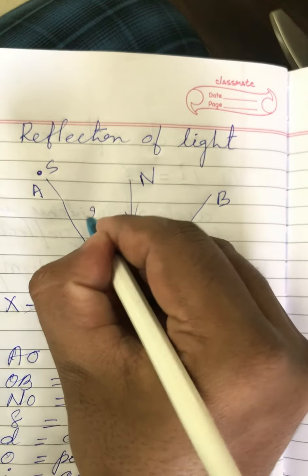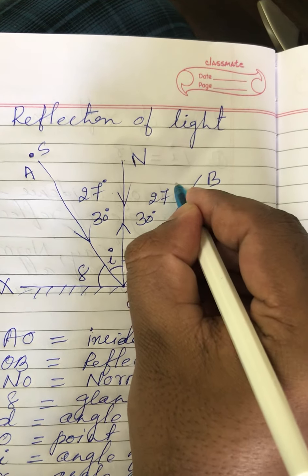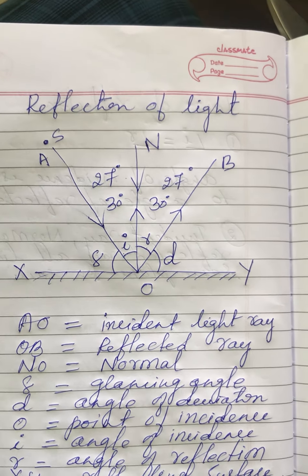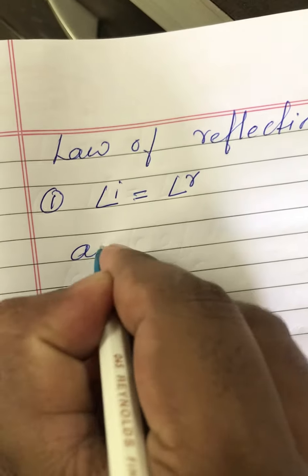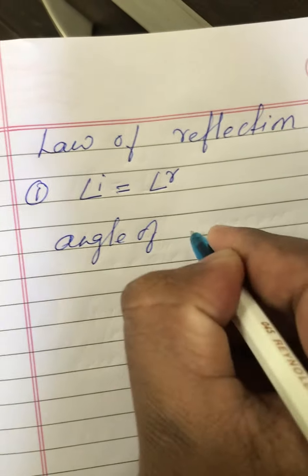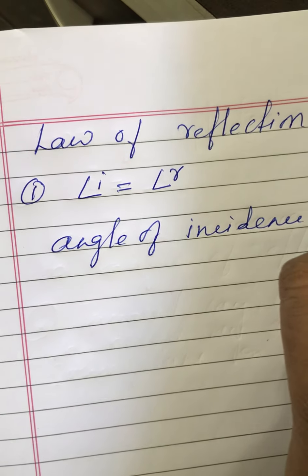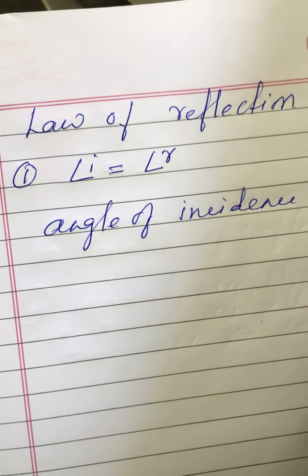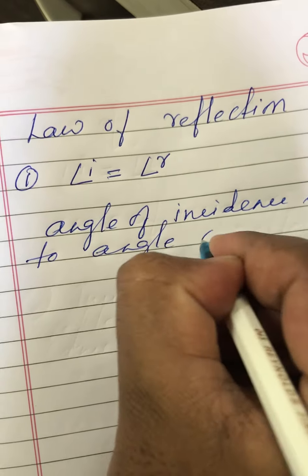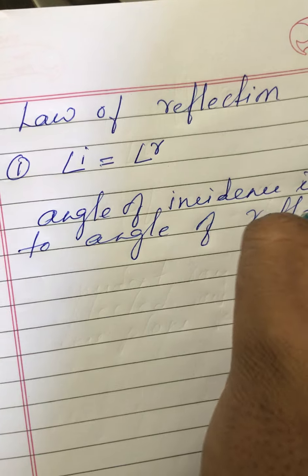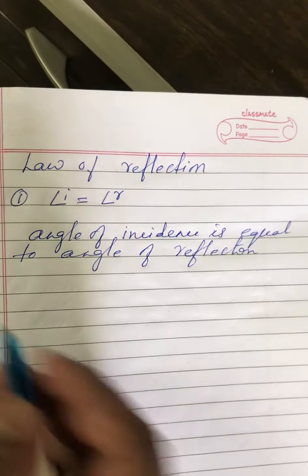If it comes and hits the surface with 27 degree, it will reflect back with 27 degree only. In general, I am telling examples. So I can say that angle of incidence is equal to angle of reflection. Clear?